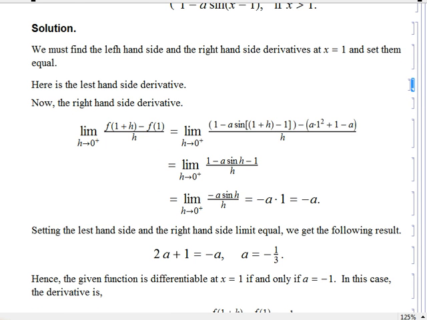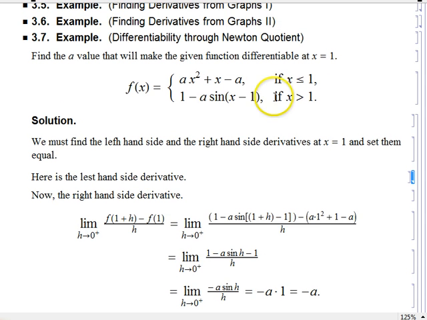Okay, and then let's calculate the right-hand side derivative. Let's use the second line this time, because 1 plus h is going to be a little bit bigger than 1, since h is a little bit bigger than 0. So plug in 1 plus h in place of x, we have this. And then for f of 1, again, we have to use the same computation as before. Equality is for the first line.